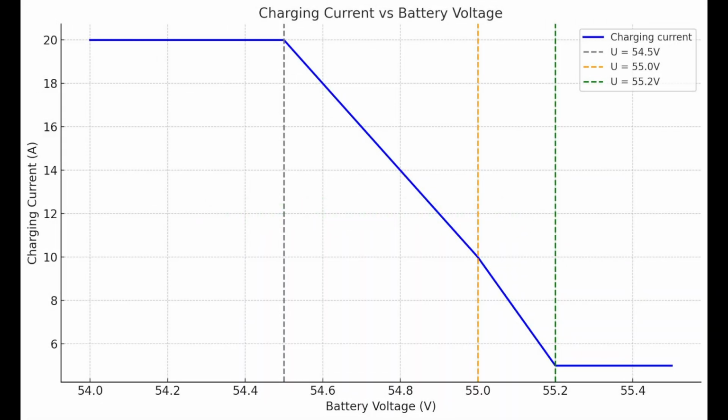So my solution for the problem was to design a function that could automatically reduce the charging current based on my battery voltage. My battery is 100% charged when the voltage is 55.2 volts.